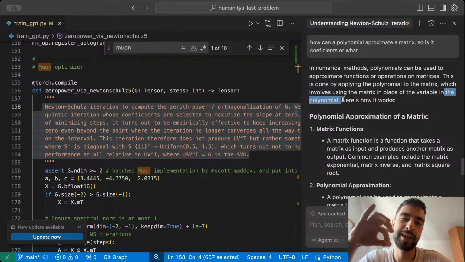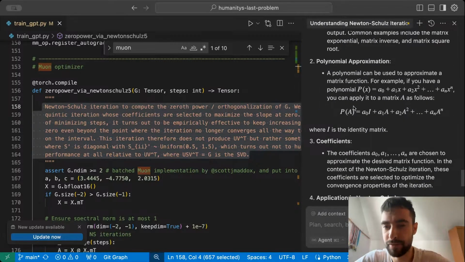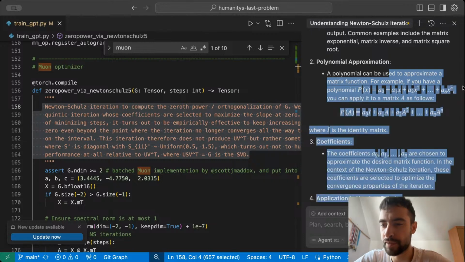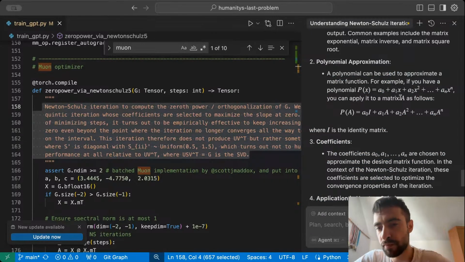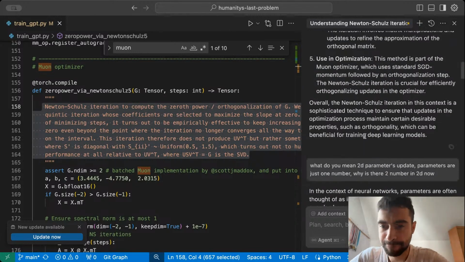And then we're also going to get some matrix in the end as a result, but there will be these changes. Okay, that's how polynomials can approximate this function. A polynomial can be used to approximate a matrix function. For example, if you have a polynomial, you can apply it to matrix A as follows. Yeah, okay, we understand that.